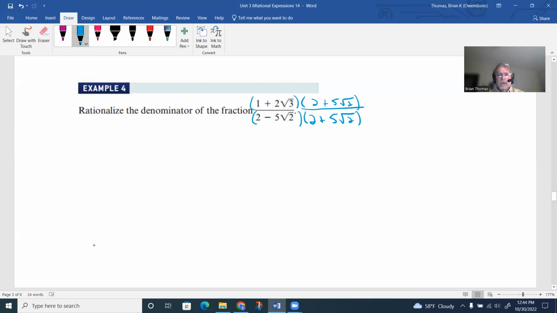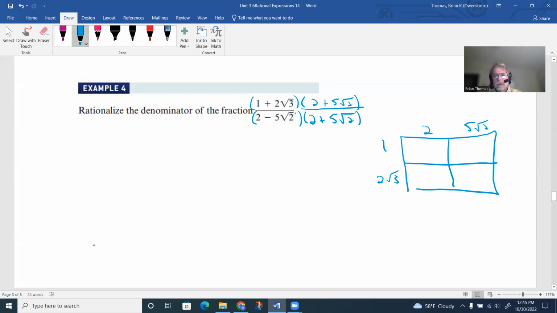So to multiply the top together, I'm going to use a four square as an organizer. So I have 1 plus 2 square root of 3 here. We have 2 plus 5 square root of 2 here. So you can use FOIL or a four square.